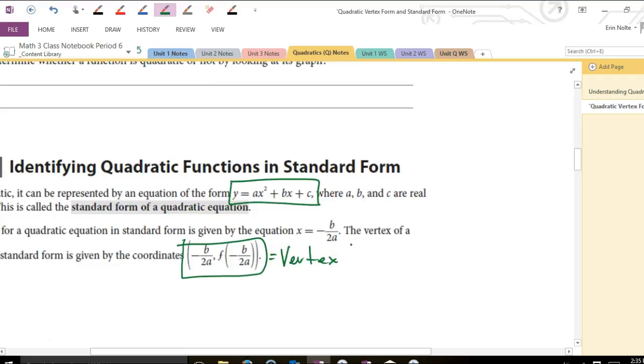It doesn't really look super clear right here, so I'm going to try to make that more clear. We've identified the vertex as being the h and the k out of vertex form. The h is the x value of the vertex, the k is the y value of the vertex. By definition, when you're in standard form, the h is simply found by doing -b over 2a.